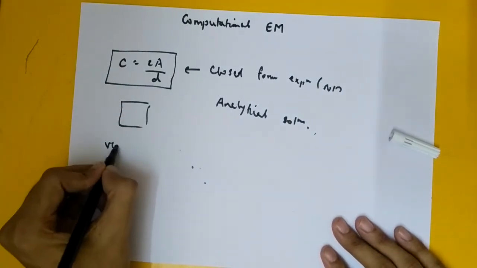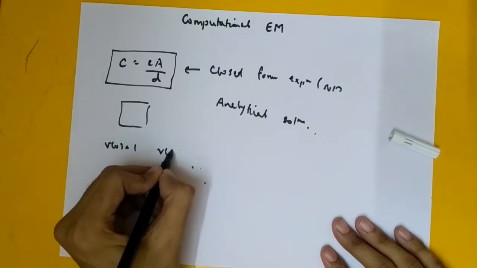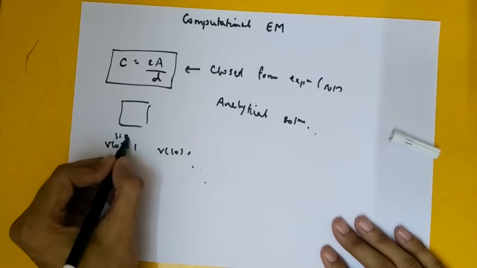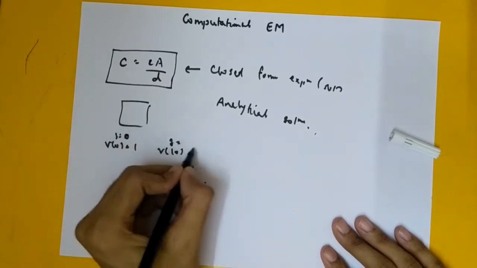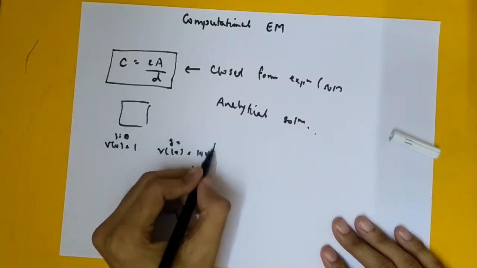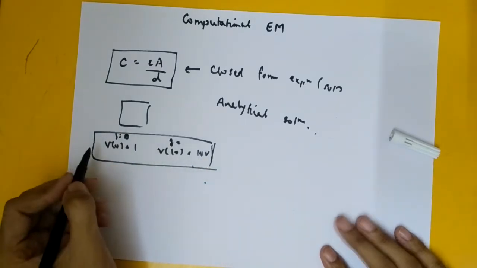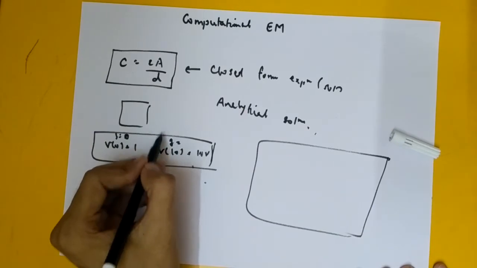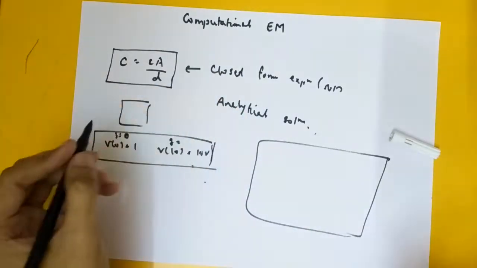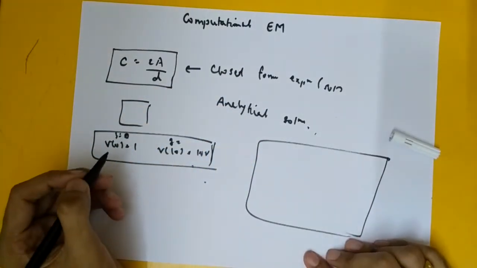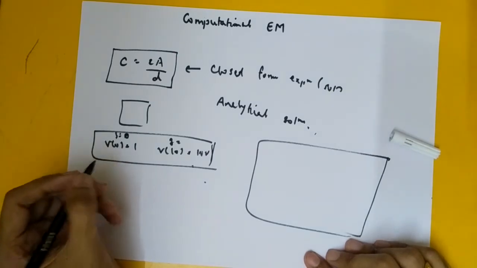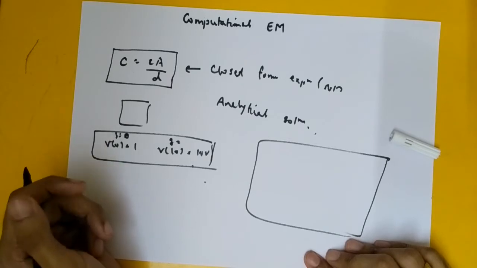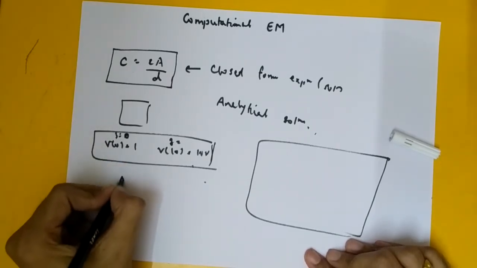You are given V at z equal to 0 equal to 1, then V at z equal to 10 equal to 10 volts. So the purview was around only 10 meters. But what if the surface is very long? This becomes tedious to solve. That is where the analytical methods are not suitable.